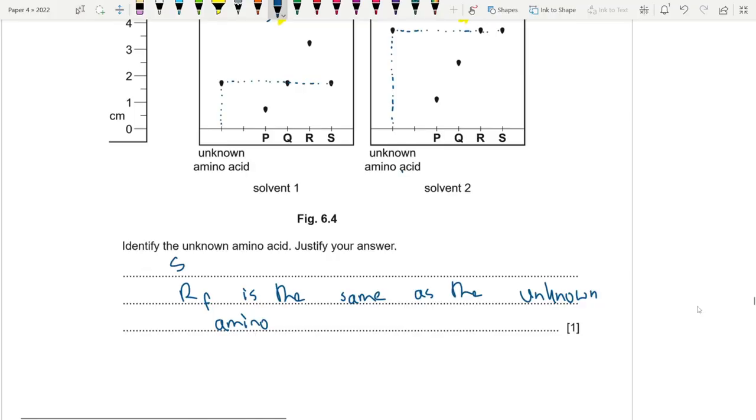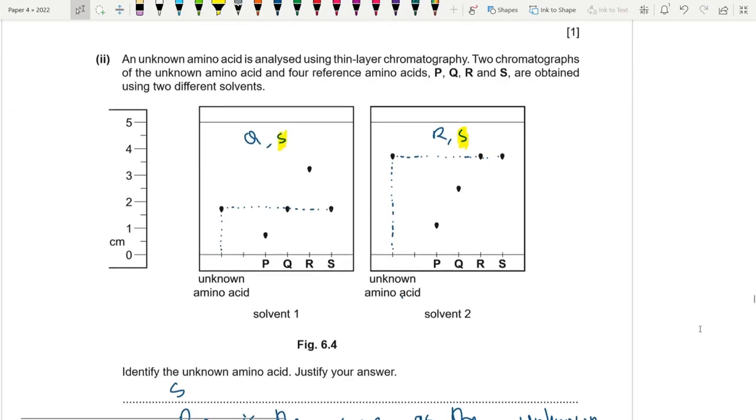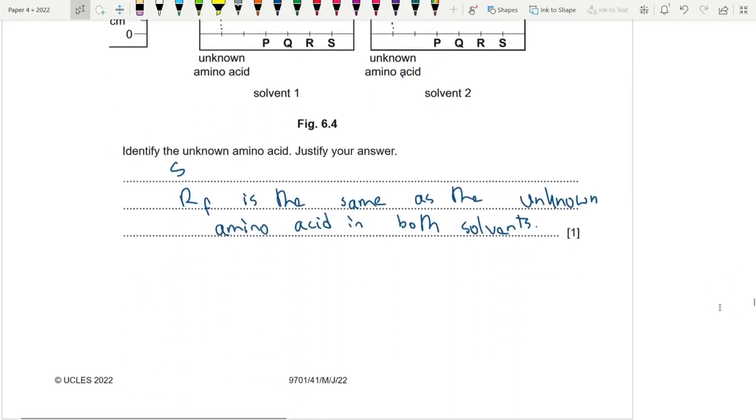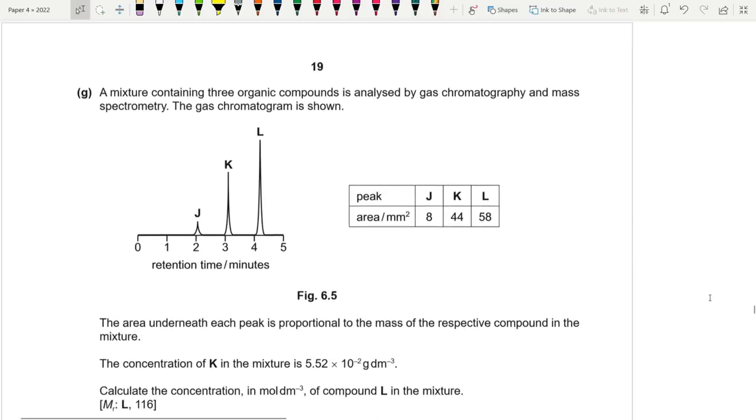S is the known one, with the same Rf as the unknown amino acid in both solvents. Okay, that's great. So yeah, 2 amino acids might have the same solubility in one solvent, but to clarify it, we can check it in more than one solvent.